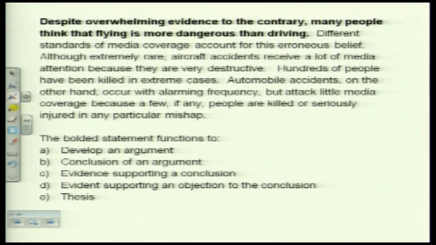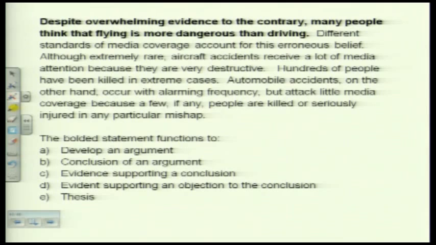So let's move on to the next one. Here I have two questions based on this passage. I'll give you about 2 minutes to do the two questions. You see the bold statement, right? And the question asks you about the function of that bold statement.